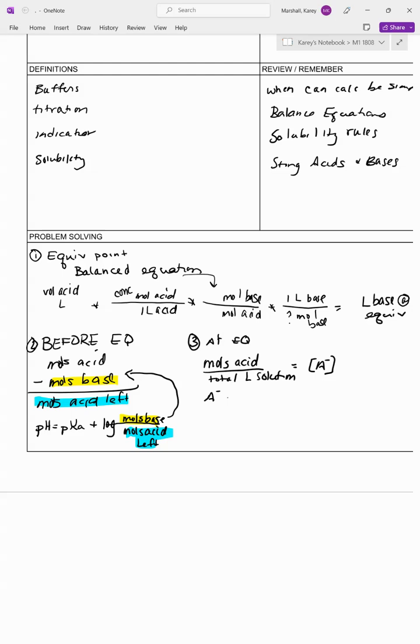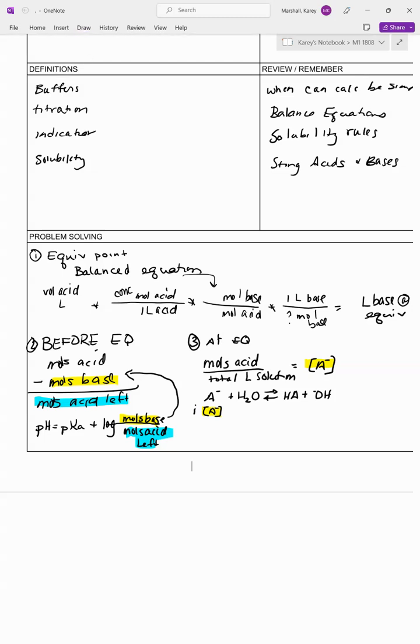Then we need the equilibrium: A- plus water is in equilibrium with our weak acid and hydroxide. So initially we have this concentration of A-, which we got from here.